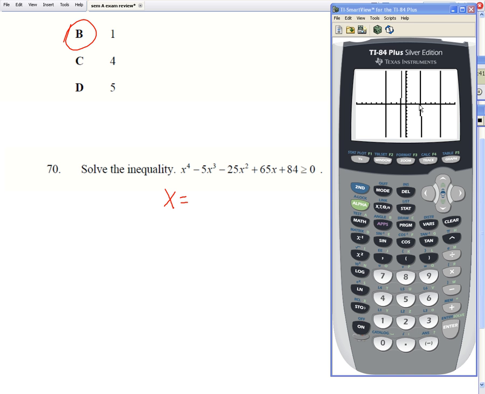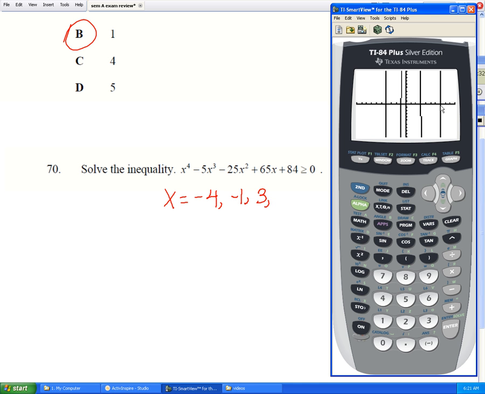Here's all 4. 1, 2, 3. So I have negative 4, negative 1, 3, and 7.